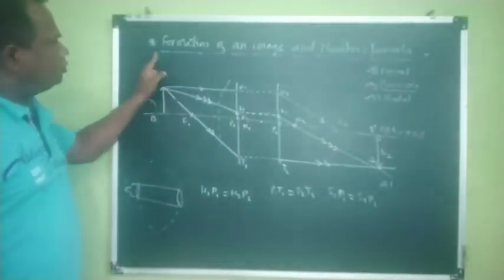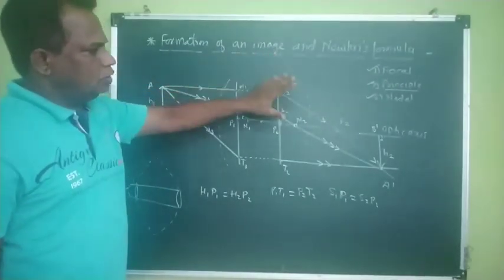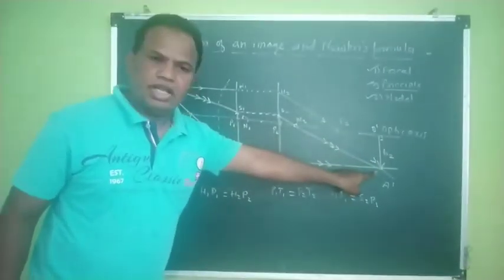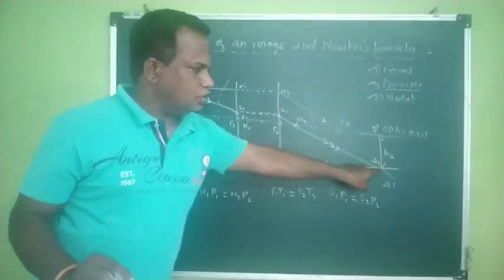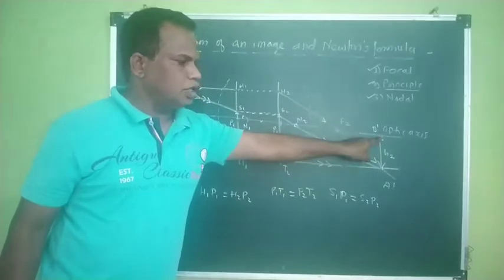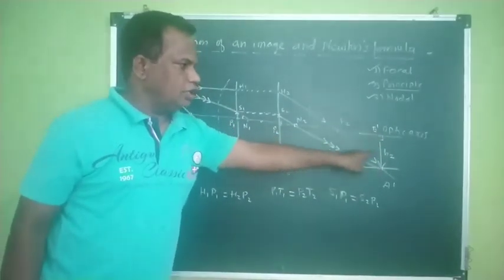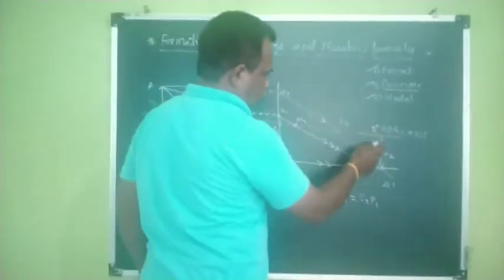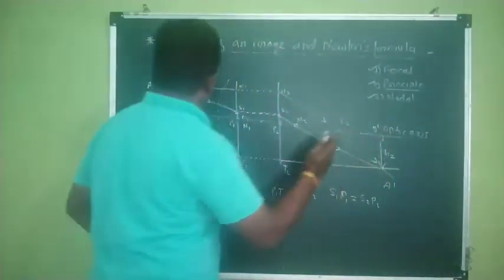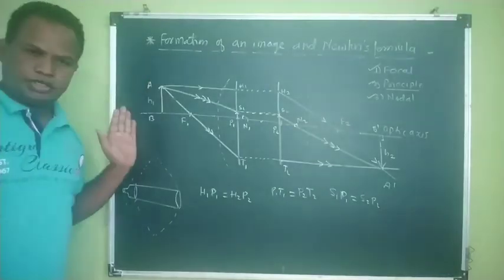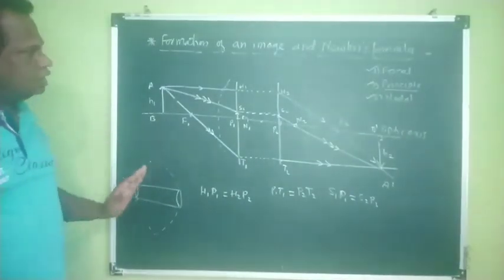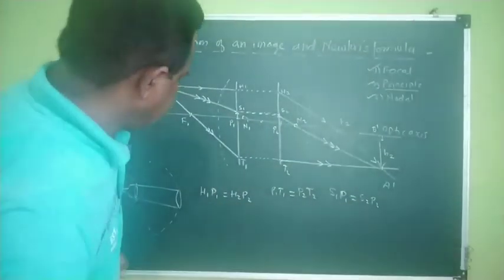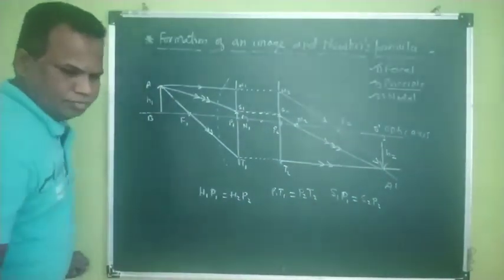So we have formed the image here, where all the rays meet at a single point. Then draw the normal line to the optic axis, and you will get the image of the object. This is all about the formation of image.